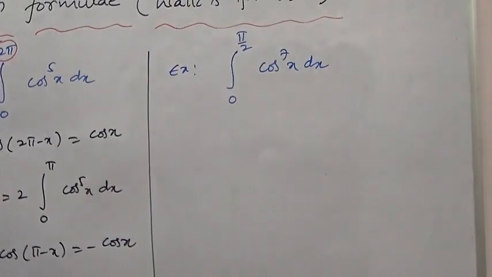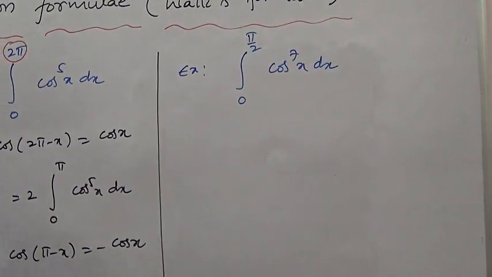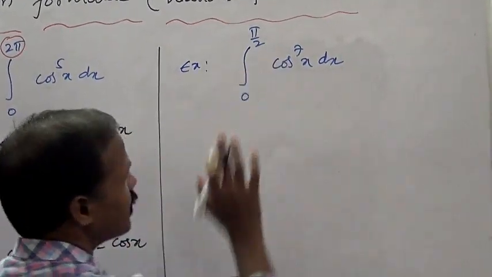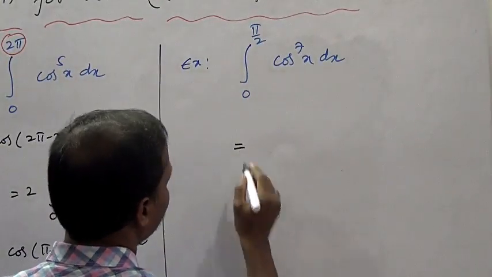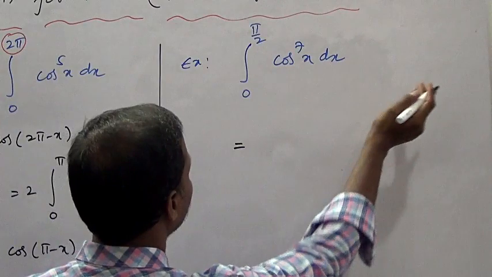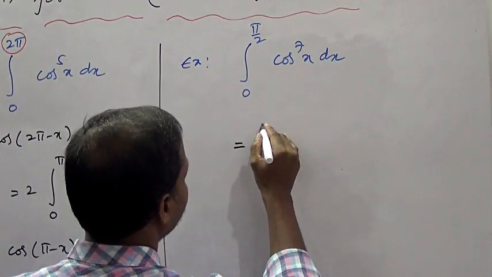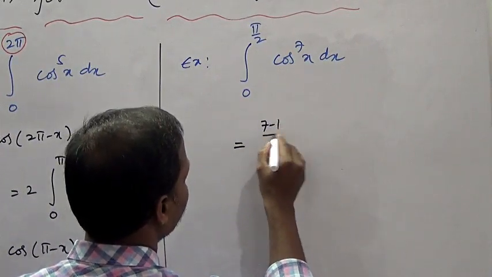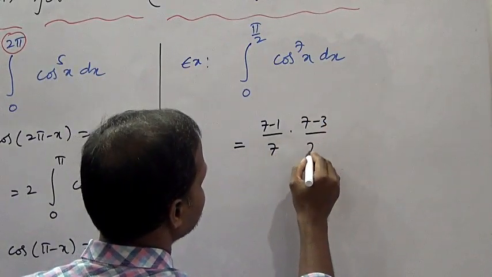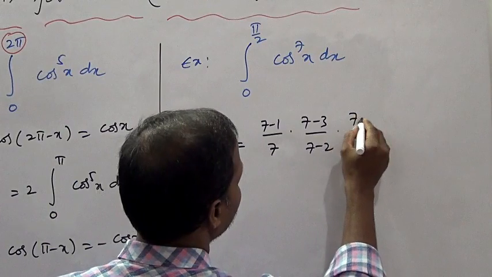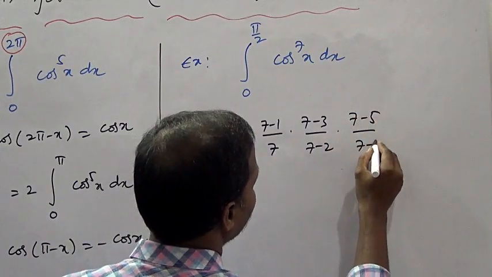The limits are 0 to pi by 2, so no problem at all. Now start the successive reduction. n minus 1 by n, that is 7 minus 1 by 7, into 7 minus 3 by 7 minus 2, into 7 minus 5 by 7 minus 4.